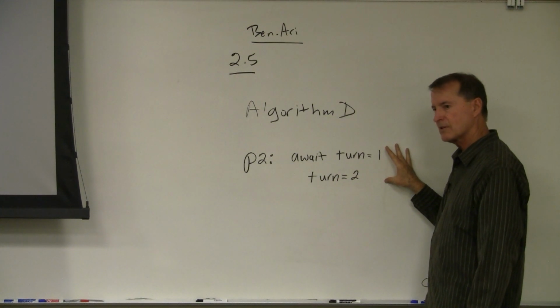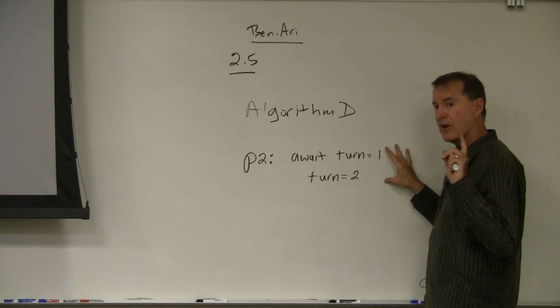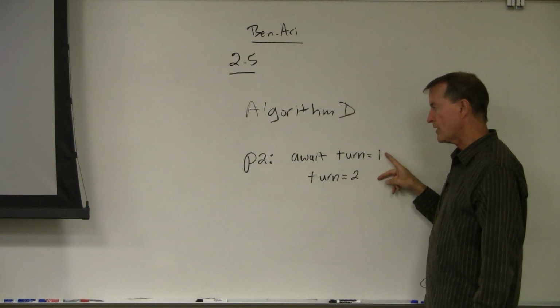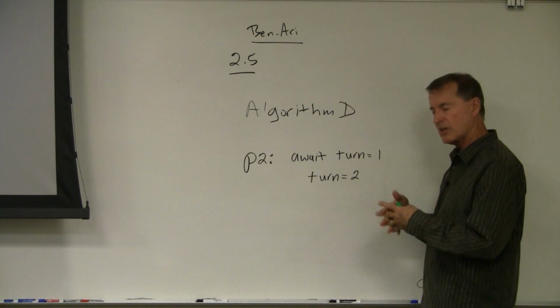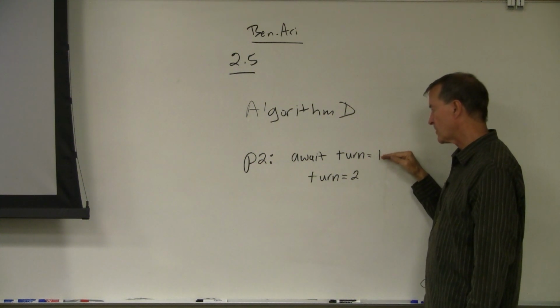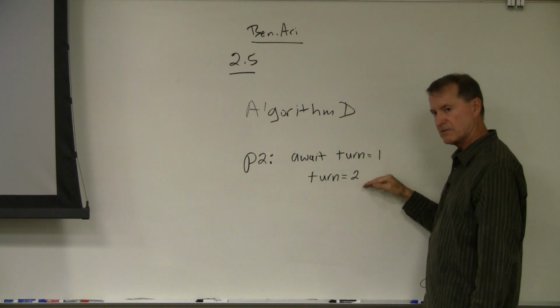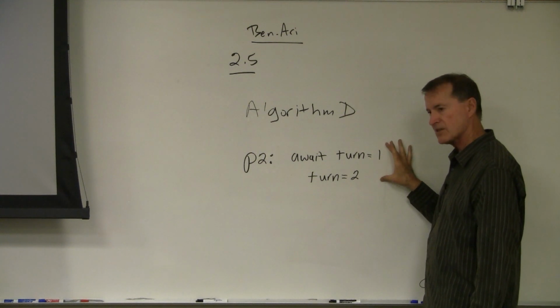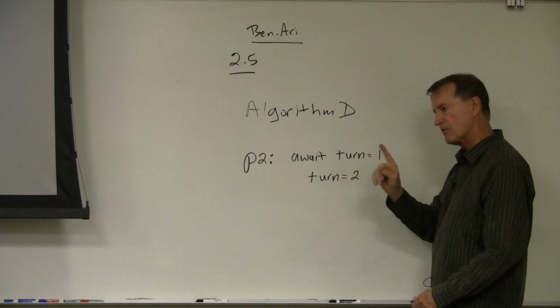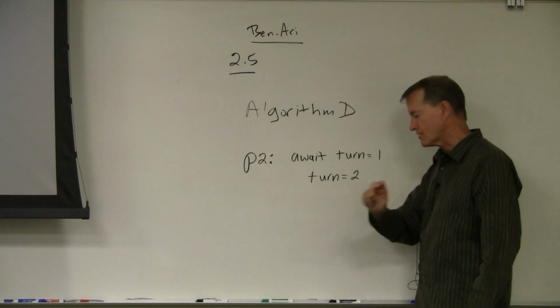They are atomic. So when we analyze the interleavings, it's impossible to interleave between this and this, because this whole thing is atomic. It happens indivisible. It's indivisible with liberty and justice for all.